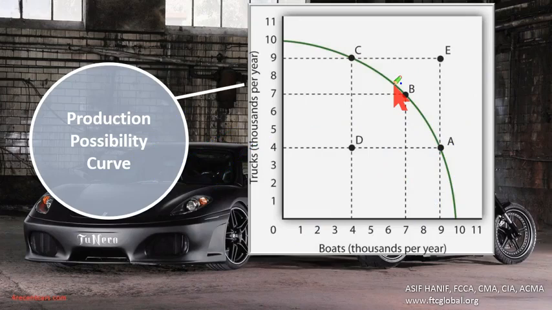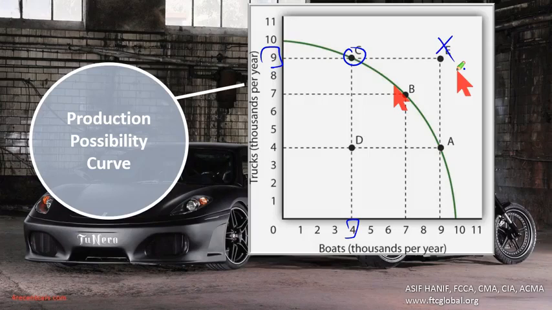Let's say right now I am at point C, and I'm producing 4,000 boats and 9,000 trucks. We want to produce more boats. We can't go beyond this production possibility curve because this is our maximum production capacity. Point E is impossible to attain in the short run.